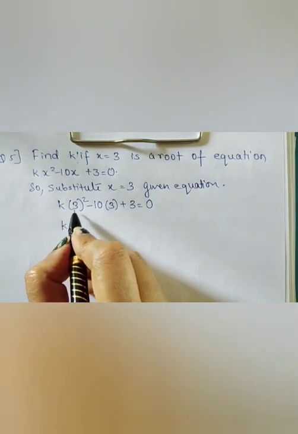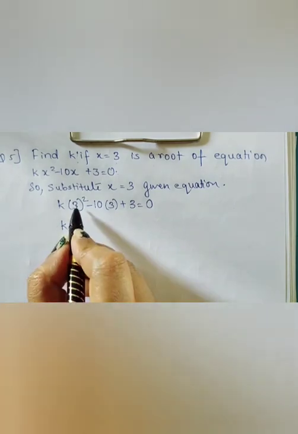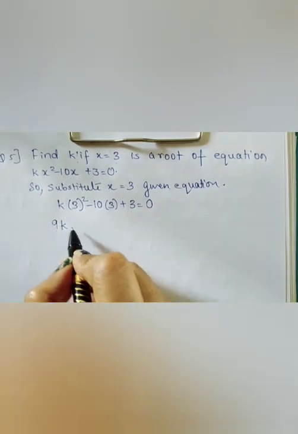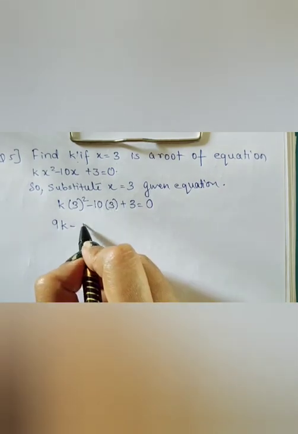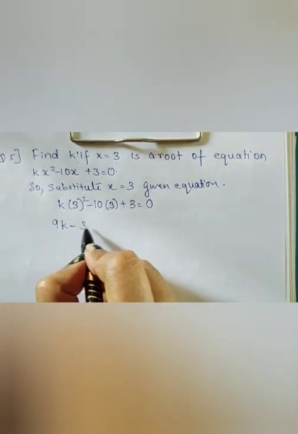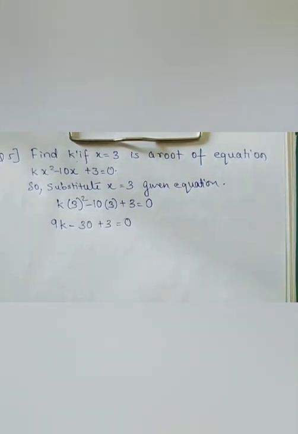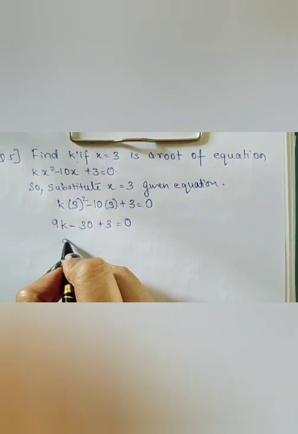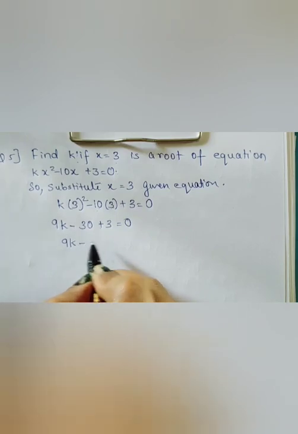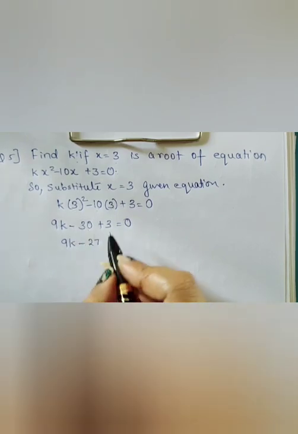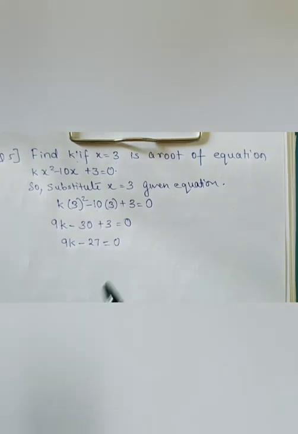Now k, the square of 3 is 9, minus 3 multiplied by 10 will get 30, plus 3 equal to 0. I hope you are getting me. Next step, 9k, here minus plus minus will come, we'll get minus 27 equal to 0.